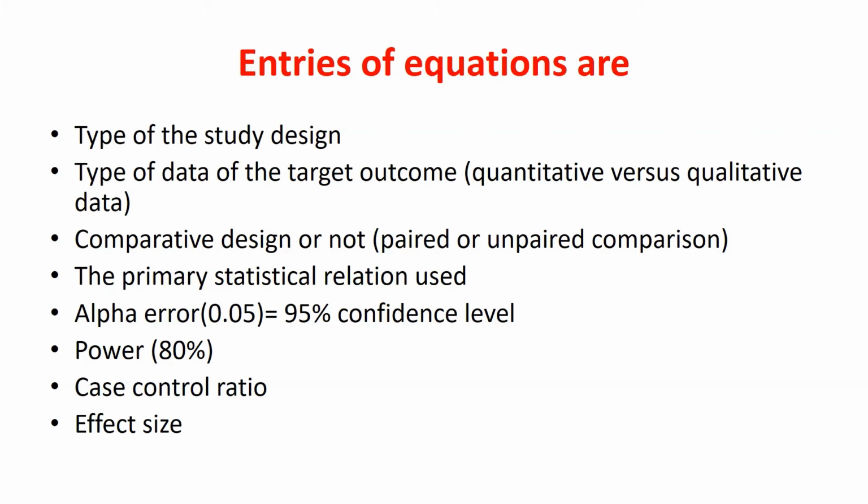If you enrolled 50,000 patients, your statistics will show a p-value of less than 0.05, and you're going to say there's a difference in mortality. So that's where a large sample size will get you into trouble, as well as a large power.